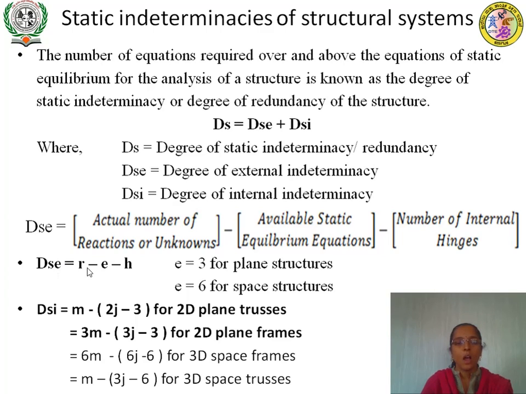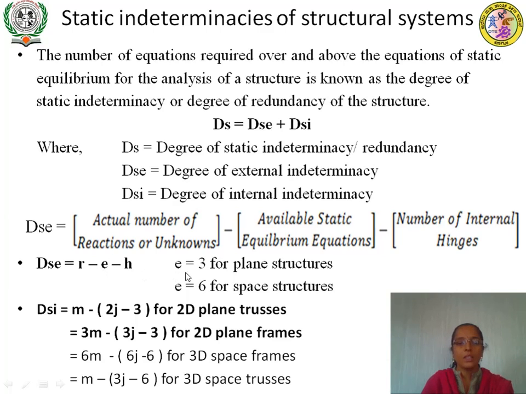What I have written here is not DSI, this is DSE only, that is external indeterminacy: DSE is equal to R minus E minus H, where R is the number of reactions or unknowns, E is the number of equilibrium conditions, and H is the number of hinges.